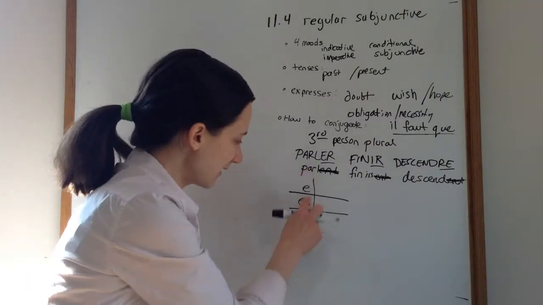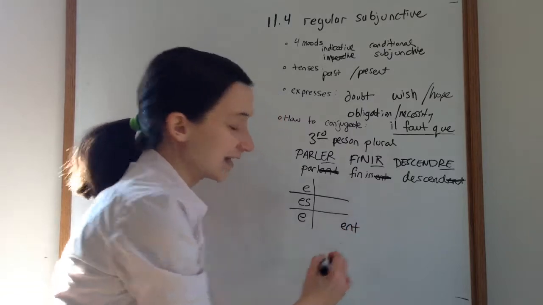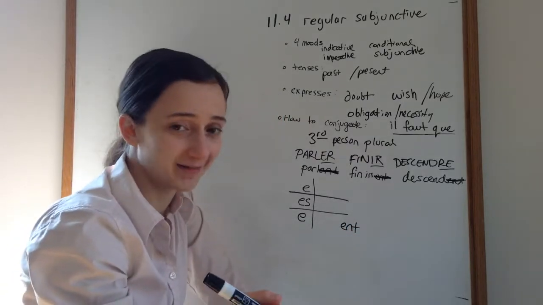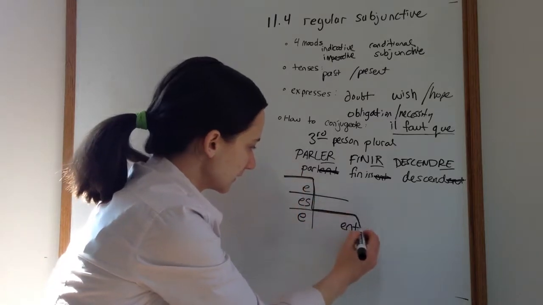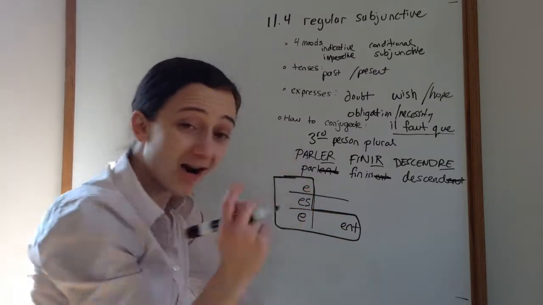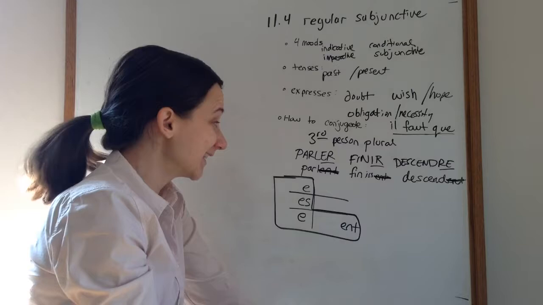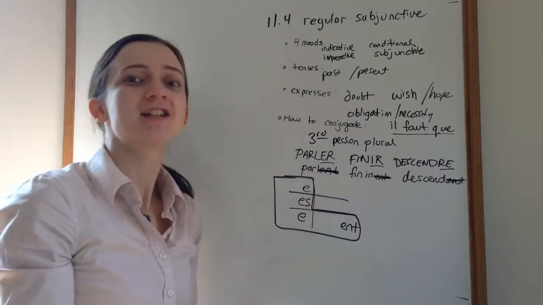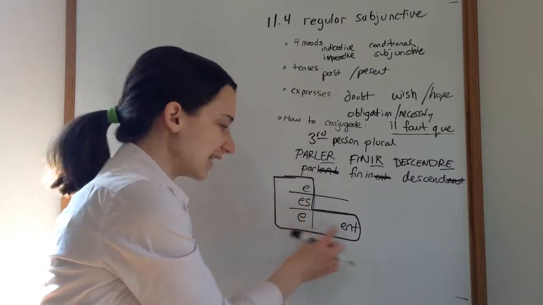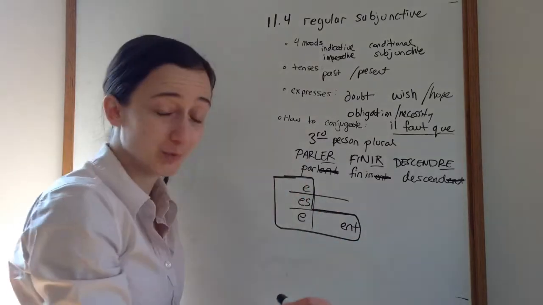E-N-T. What endings are they? In this boot, our endings are exactly the ER endings that you learned in French 1, like the first conjugations that you ever learned. E, E-S, E, E-N-T, in the boot.